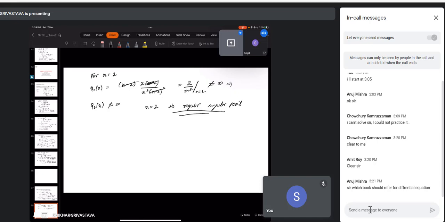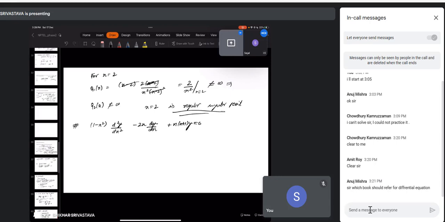As in the last class, we were solving Legendre's differential equation, which is in this form. This is a Legendre differential equation, if I'm not wrong.